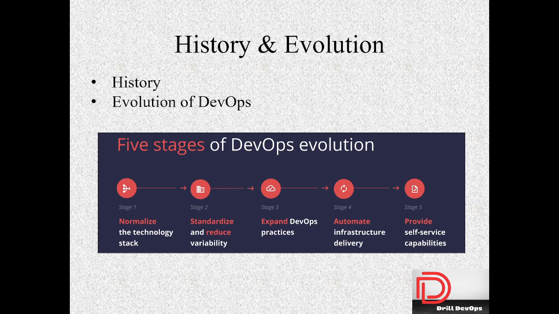Till stage 4, it is all an automated infrastructure pipeline, but not a self-healing or self-provisioned infrastructure. What does that mean? Let's suppose, in the previous example we took a shopping application.